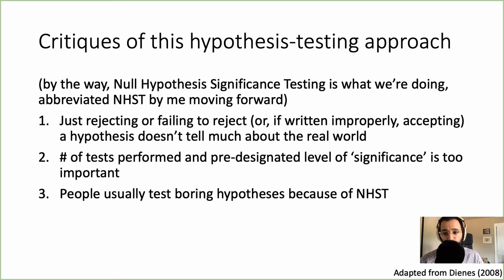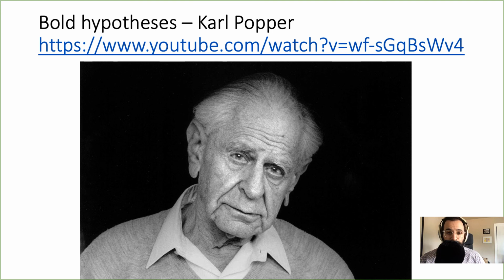If you're going to do worthwhile science, you should be designing alternative hypotheses that are easy to disprove, not difficult to disprove or easy to find evidence in favor of. The particular philosopher of science I'm thinking of here is Karl Popper, who I recommend you go watch this YouTube video to sort of learn his general approach to science.